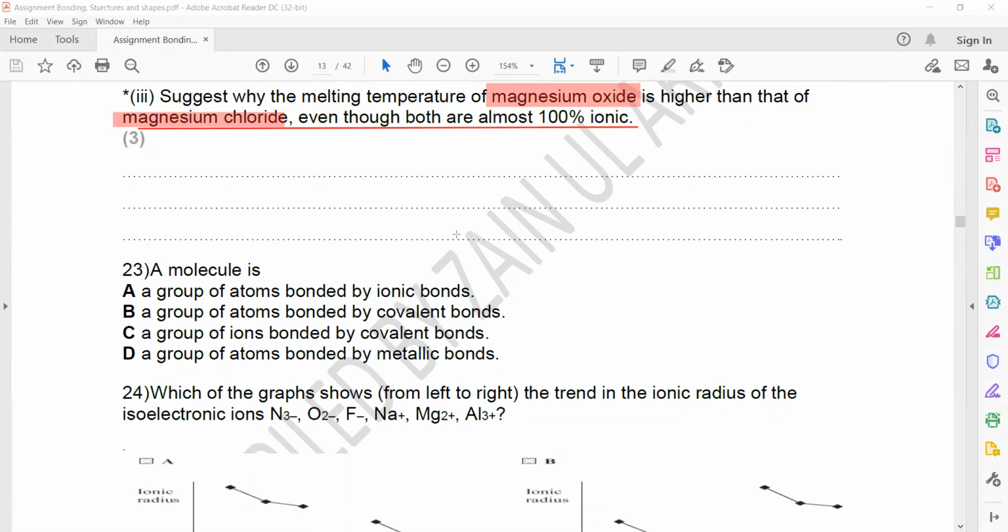When we compare, you can see that in magnesium oxide, the oxygen charge is -2, compared to the chlorine charge, which is -1.